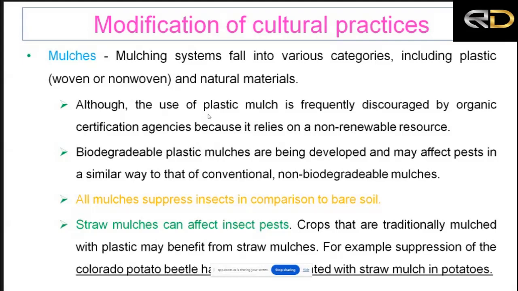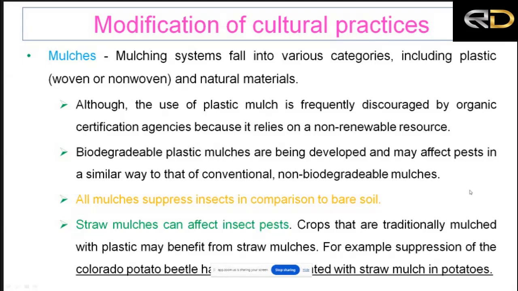And it has been found that if we are doing mulching in any type of crops, it is obviously suppressing the insects when the soil is left open. That is why mulching is also one of the important practices that we can do.